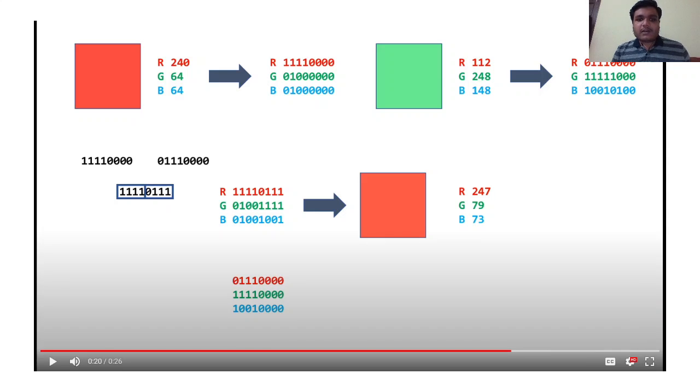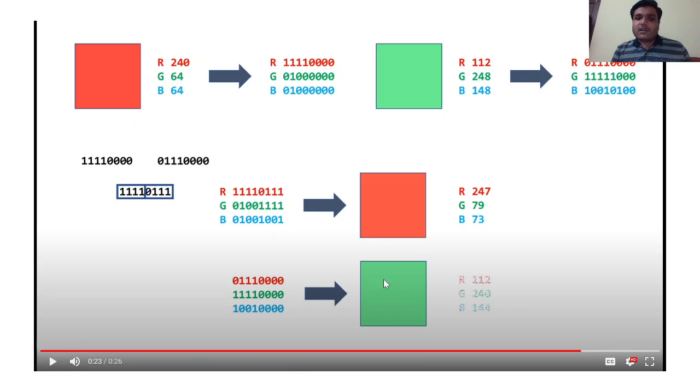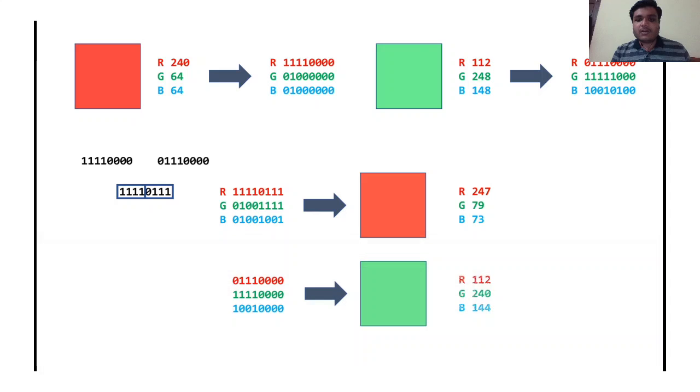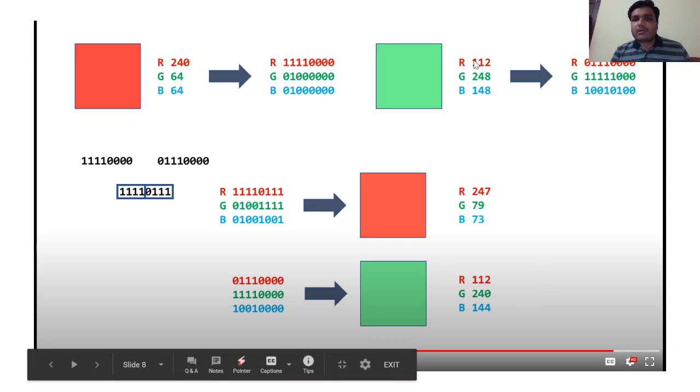As I already said earlier, flipping the least significant bits of an image doesn't have much impact on its color. And here we have appended zeros, and when we decode it to decimal, we get the color output as green. Now you can see that this green image and this green image are almost indistinguishable. So we have successfully hidden an image inside another image and then retrieved it. And you can see that the RGB values are also quite close.